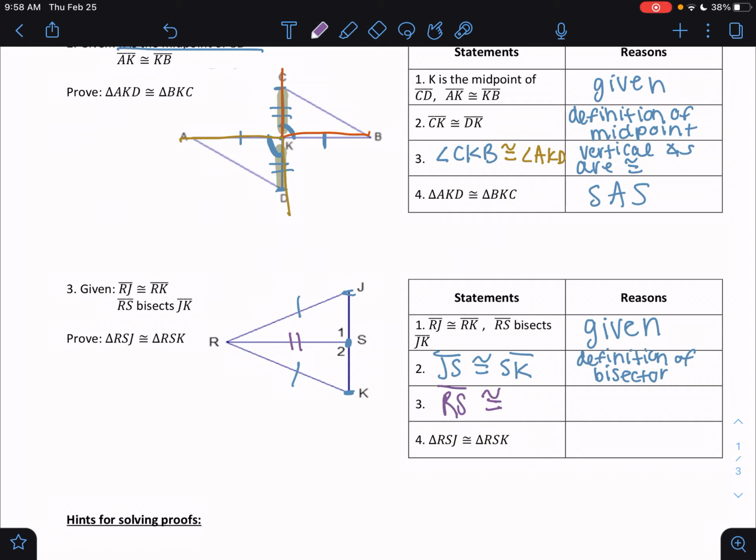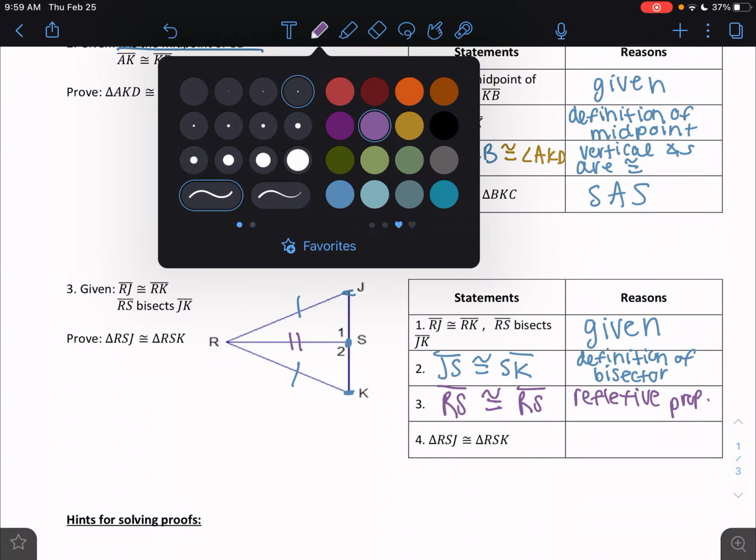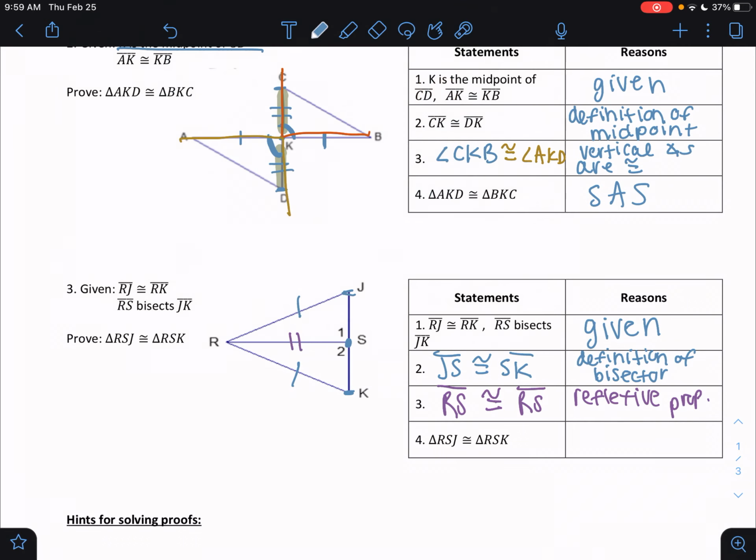And so again, that is called our reflexive property. And this one, hold on, I forgot to mark these congruent. There we go. And this is because of side, side, side.